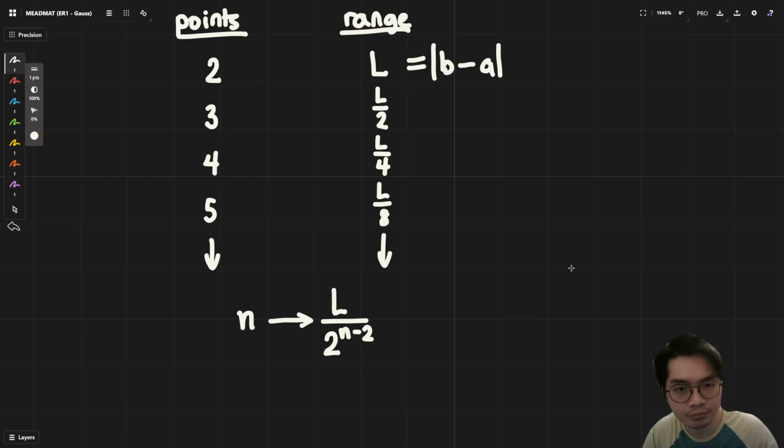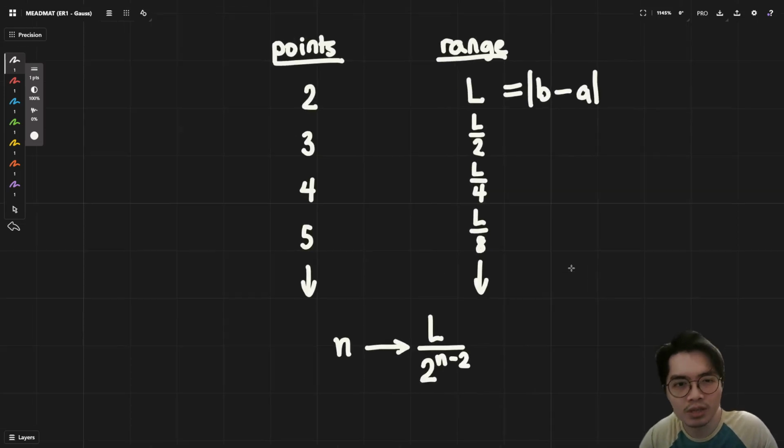Say, for example, n is 5 now. 5 minus 2 is 3. So now your range is L divided by 2 raised to 5 minus 2, which is 2 raised to 3. That's now L over 8.